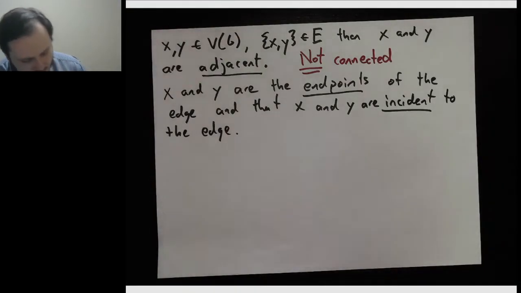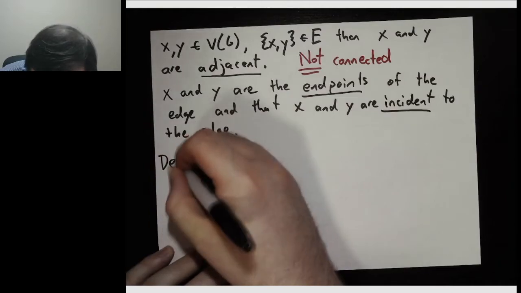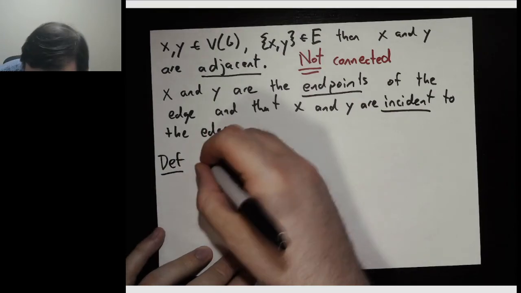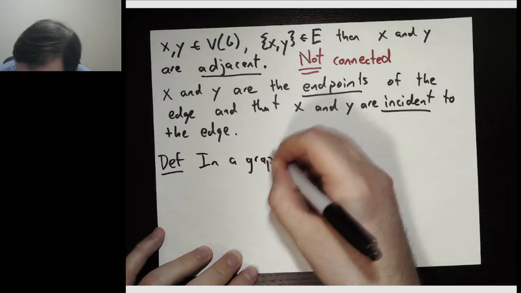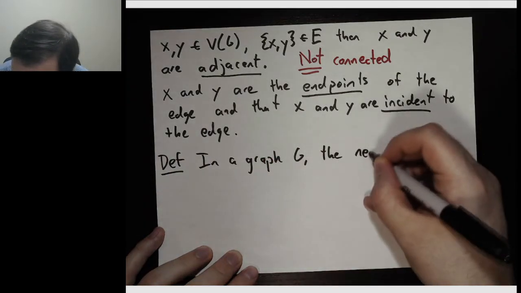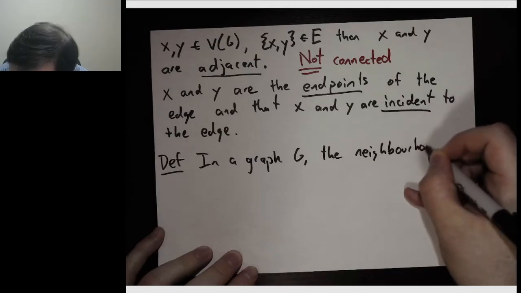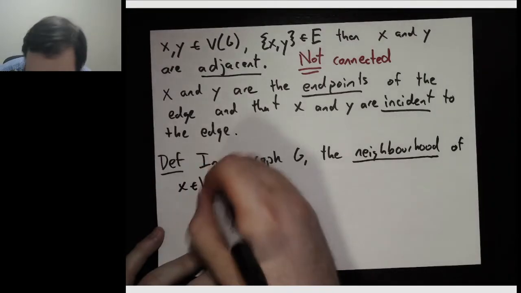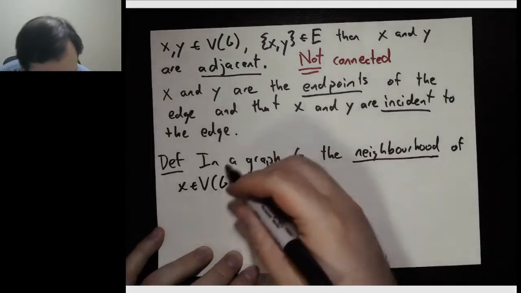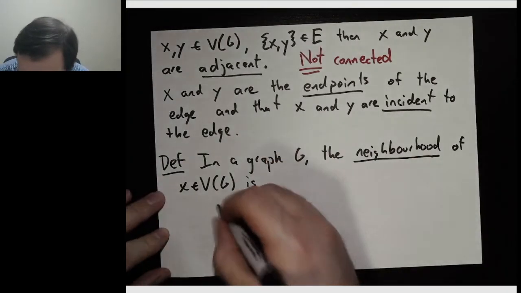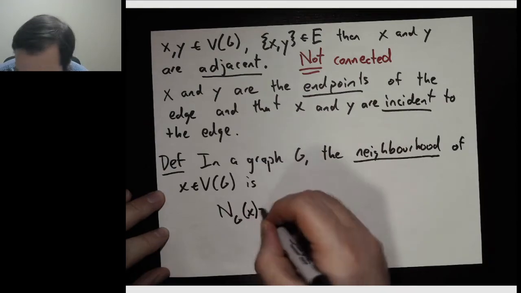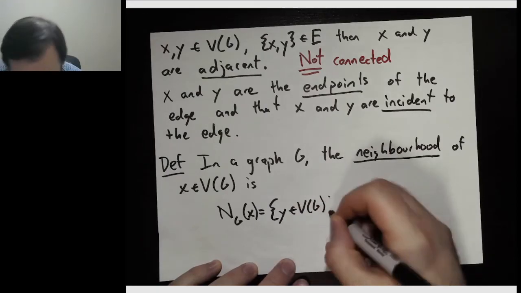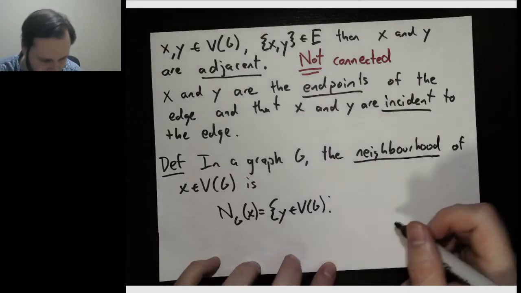Okay. So now I want to define the neighborhood of a vertex. So in a graph G, the neighborhood of some vertex x is, we use this notation, N sub G of x, defined to be the set of any vertex y that is adjacent to x.